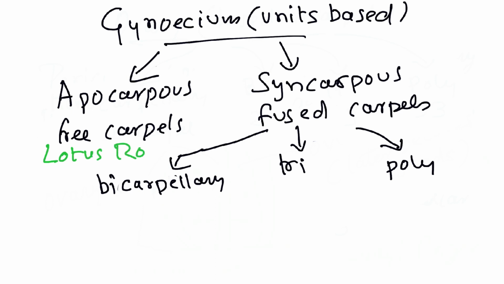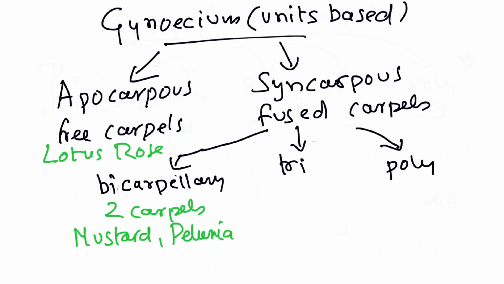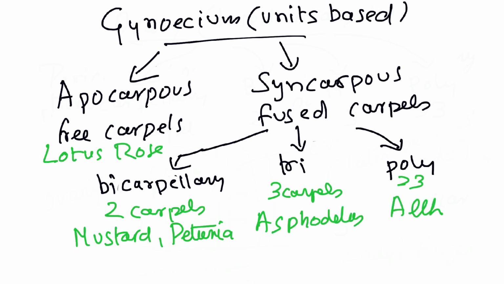Now let's look at the important examples of those cases. Apocarpous, that is free carpels: we have lotus and rose. Bicarpellary, that is two carpels fused: we have mustard and petunia. Tricarpellary syncarpous, we have asphodelus, and for polycarpellary syncarpous we have althea.